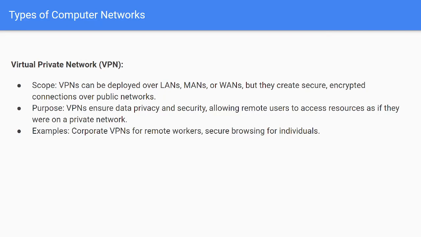Because you're not going to be on the company's network, you're using your own personal network, but you're trying to connect into the company's network. So that communication has to be over a secured and encrypted tunnel. The purpose of VPN is to ensure data privacy and security and allow remote users to access resources as if they were on the private network.